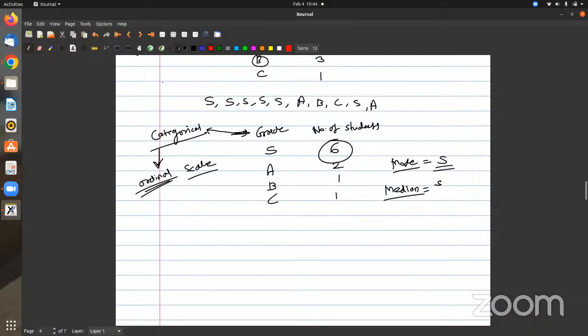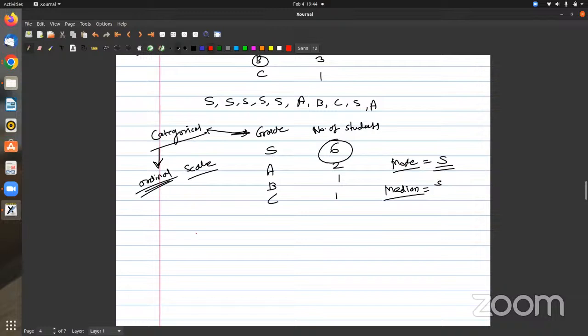Descending, then what will be the first value? Descending means from high to low, right? Yes, high to low.